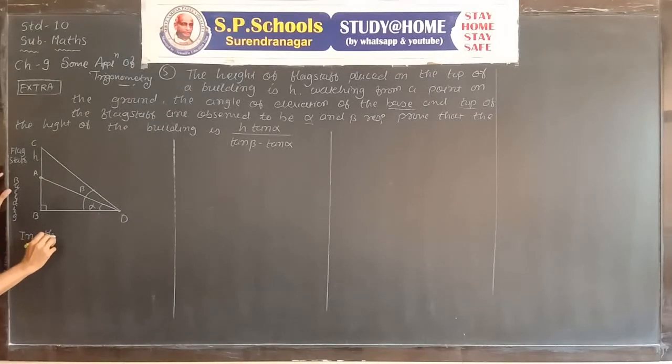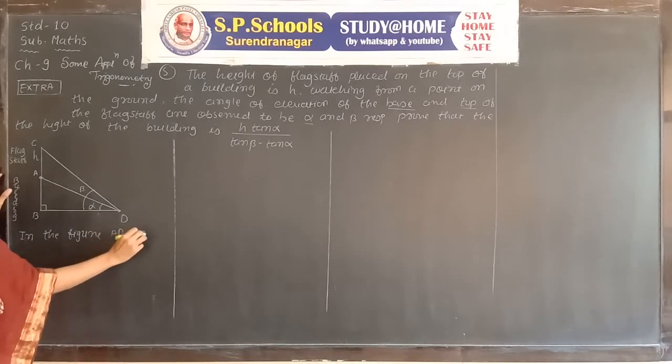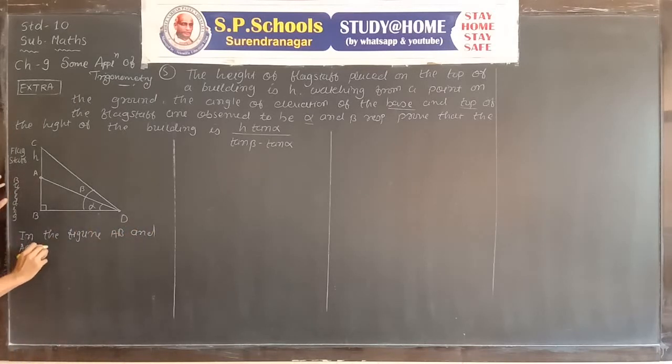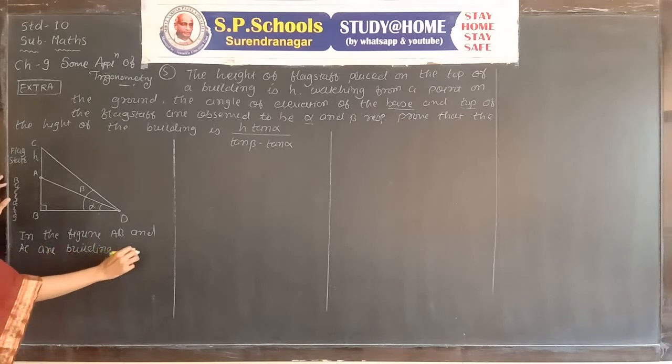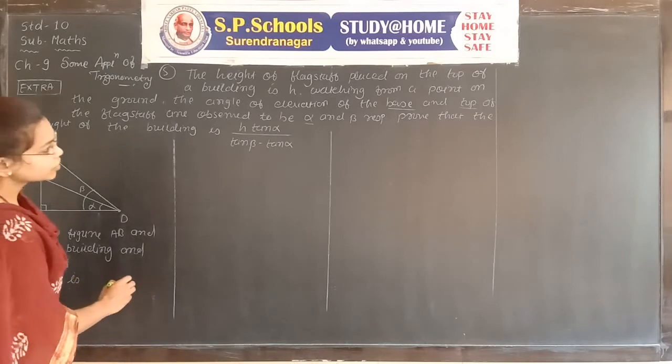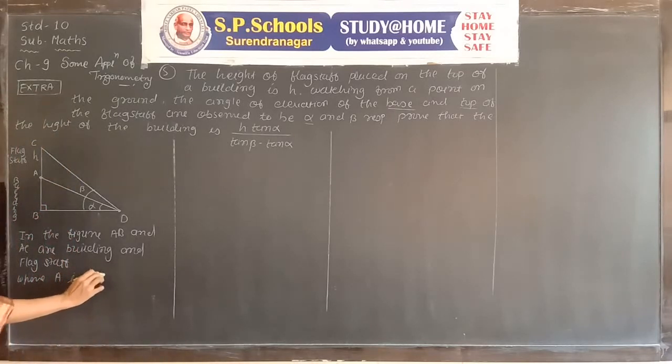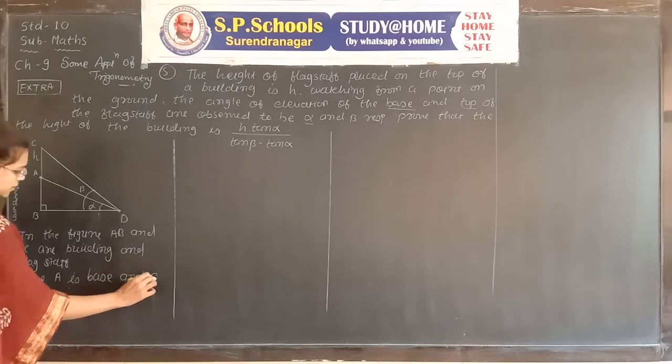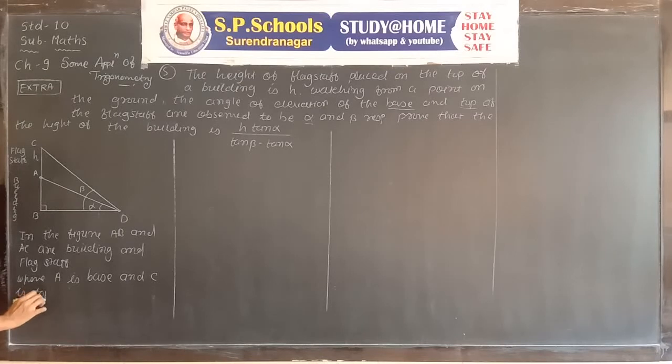In the figure, AB and AC are building and flagstaff, where A is base of flagstaff, A is base and C is top of flagstaff.